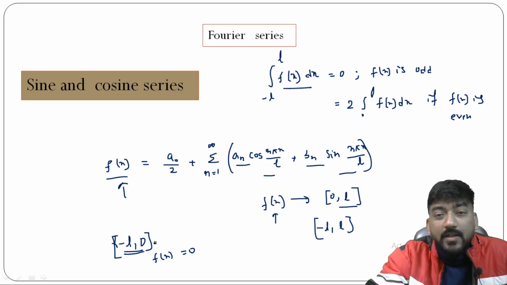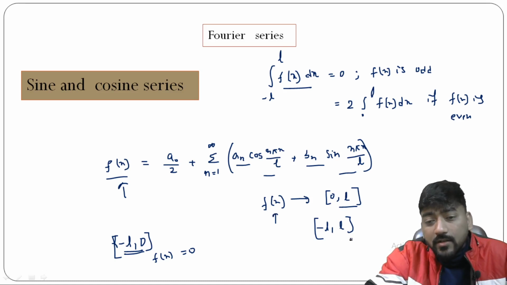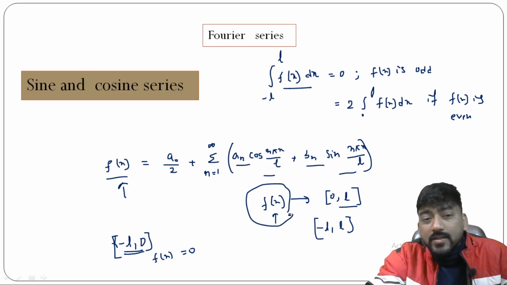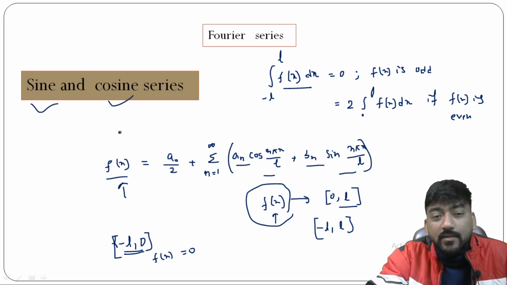But here our goal is different. We want to expand the function f(x) not only in the interval minus L to L, but we want the series in terms of either sine or cosine.